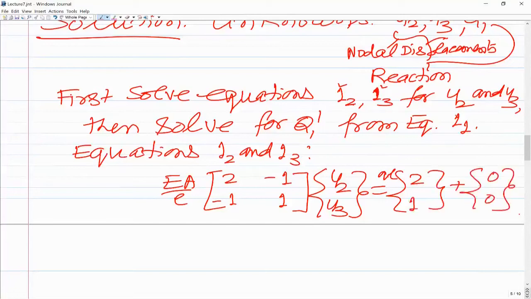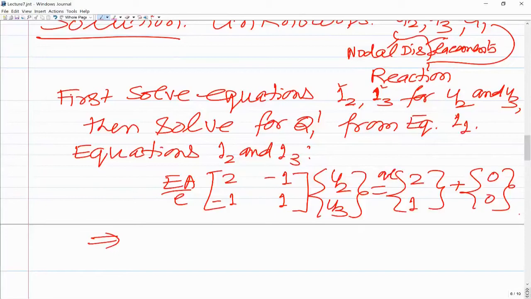So now, as you see, these two equations can be solved for u2 and u3. These are two simultaneous equations. I suppose you know how to solve a set of simultaneous equations; that much you must know. You can use the elimination method or the substitution method, anything.